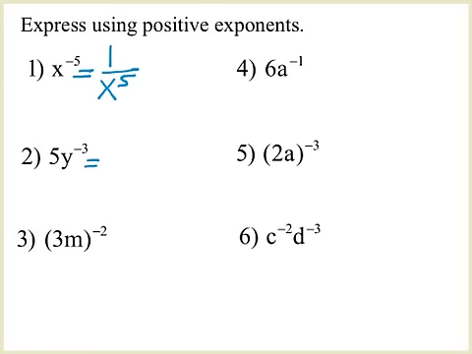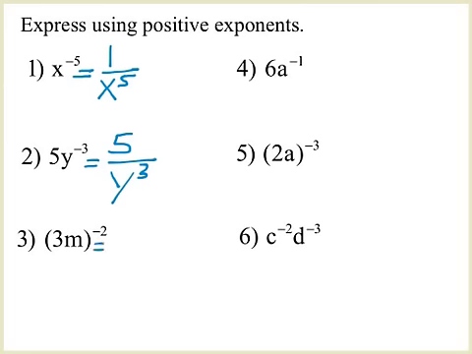The base of the exponent, -3, is what it's touching. And it's only touching the y. So when I drop down into my denominator is the y, because that's the only base of that exponent. And the 5 still stays in the numerator. That's like saying 5 over 1 times y to the -3rd power. Remember, y to the negative power is a fractional amount.